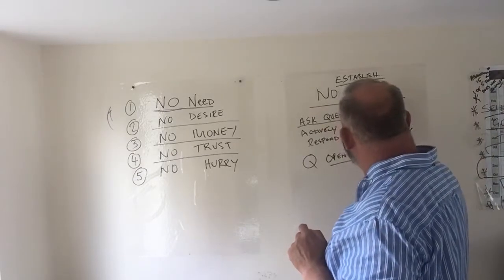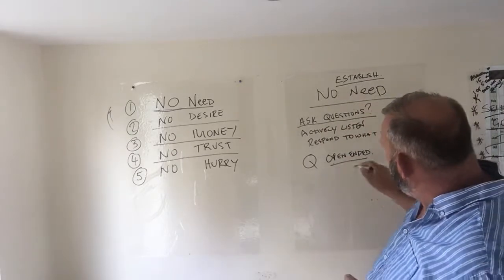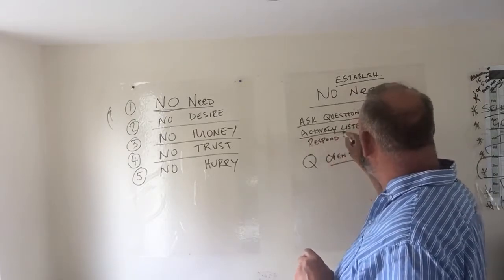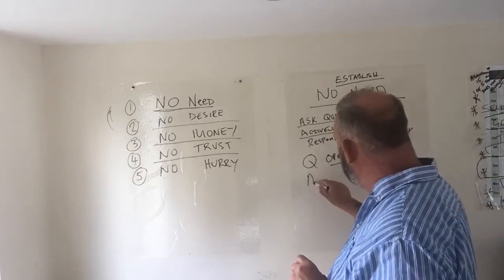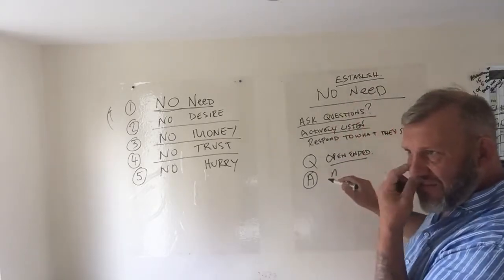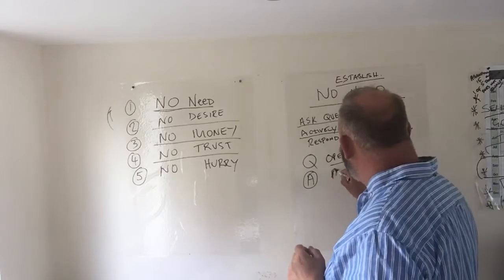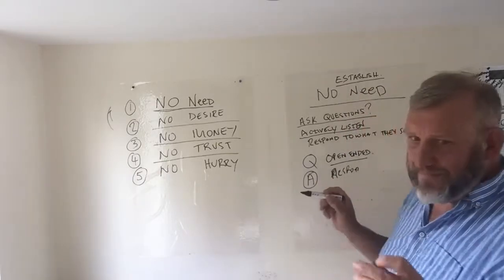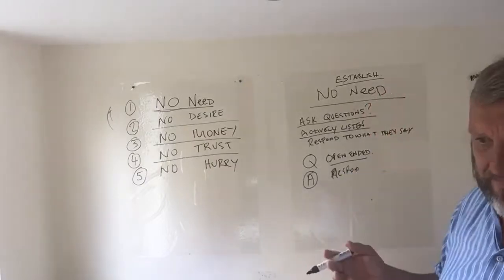So we've asked an open-ended question. They're going to give us an answer, and we're going to actively listen to their answer. We're going to listen to that carefully, and then we're going to respond by either empathising.